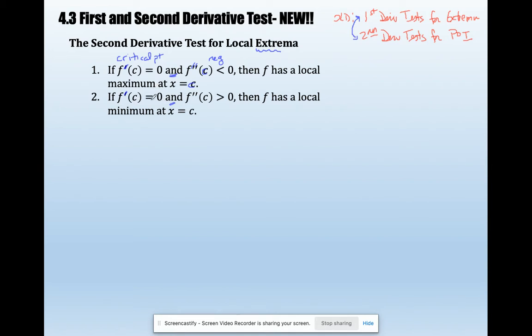If the first derivative is equal to 0, which is a critical point, and at the same time the second derivative is positive, then you have a local minimum.